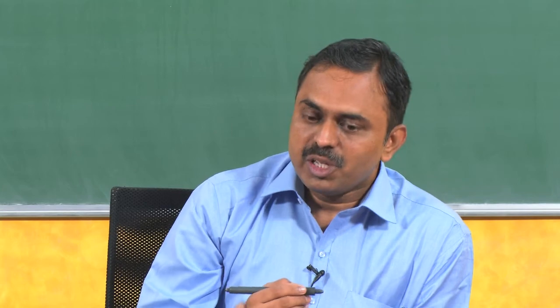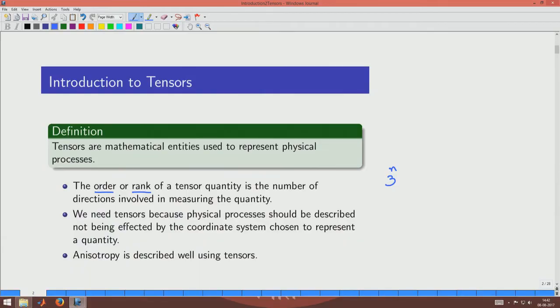It is also important to know that this order has one more important meaning. It tells you how many different directions are involved while measuring that particular quantity represented by the tensor. So, the number of directions is important. As you can see, for the tensor of order 1, we have 3 elements, which means that we are talking about only one direction, and to represent one direction we just need a vector, which again has 3 elements.